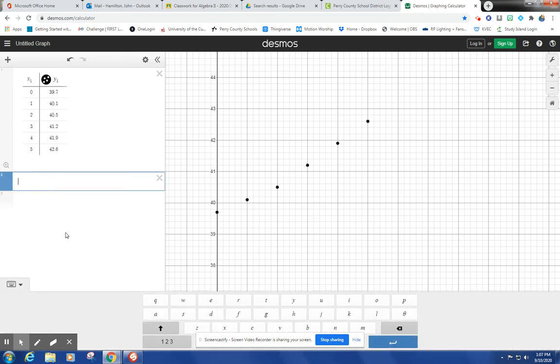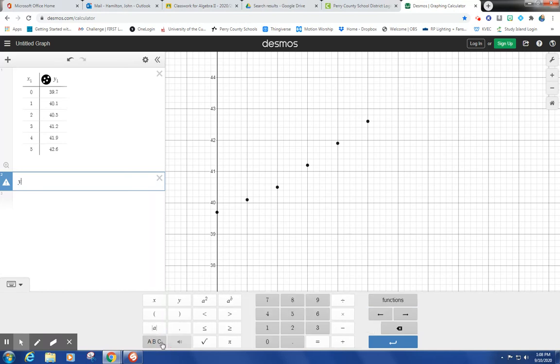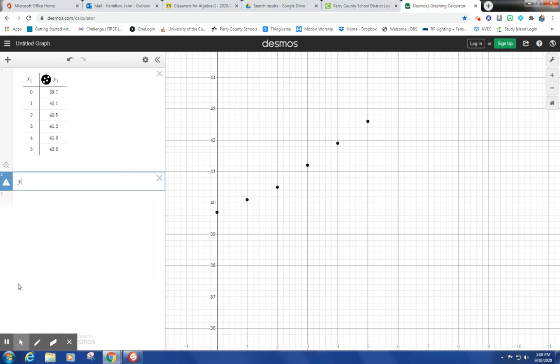So I'm basically going to use what I said about slope-intercept form, y equals mx plus b, to help me with this process. So the first thing I'm going to do is put a y right there. And then you're going to need to go to your little keypad here. See how it says hide keypad?